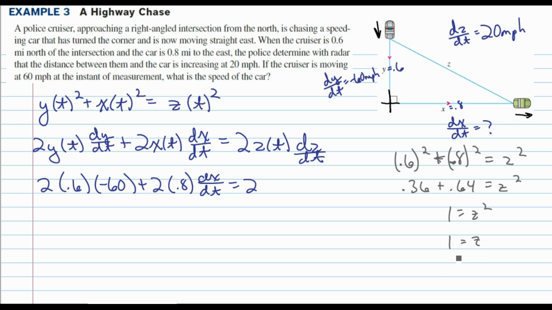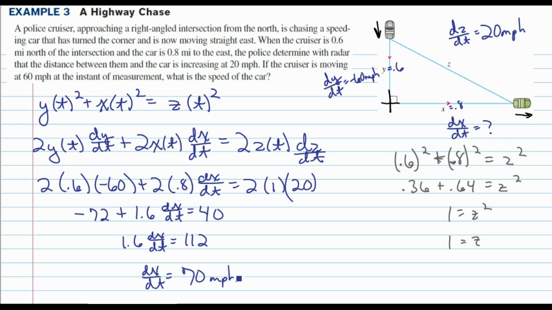Now z could technically be plus or minus 1, but because it's distance, we're only going to say positive 1. So z is 1, and dz/dt from the problem was 20 miles an hour. So now I solve for dx/dt. The speeding car is going 70 miles an hour, and if you remember, the cruiser is only going 60 miles an hour, so that cruiser better pick it up, otherwise it's never going to catch that speeding car.